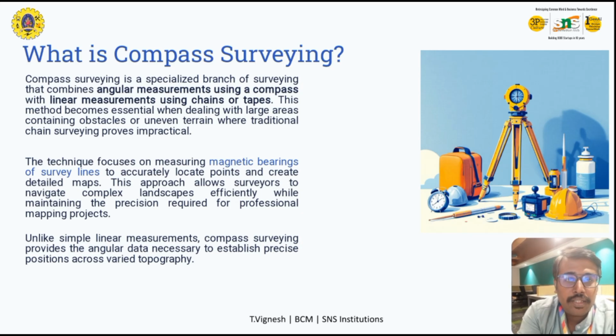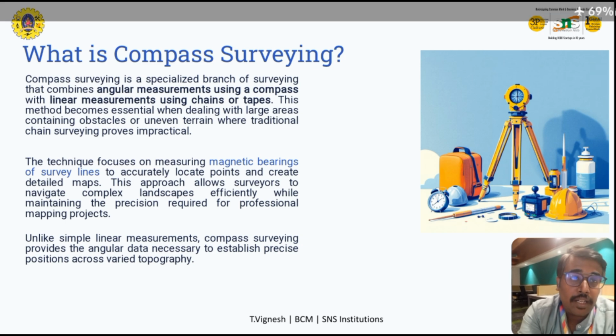Unlike simple linear measurements, compass surveying provides the angular data necessary to establish a precise position across varied topography. Once the topography is not that simple, we need advanced technology. Nowadays we are using drones, but the compass is also used effectively for angular measurements.